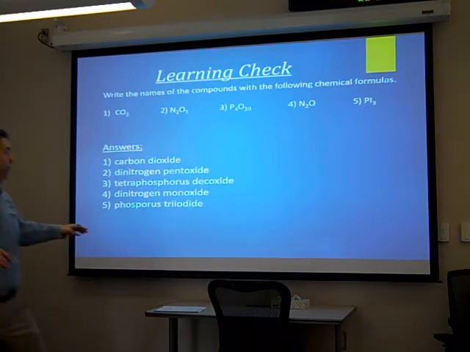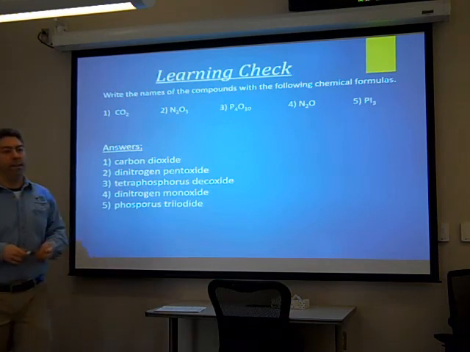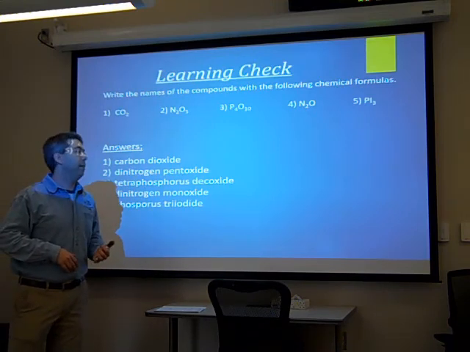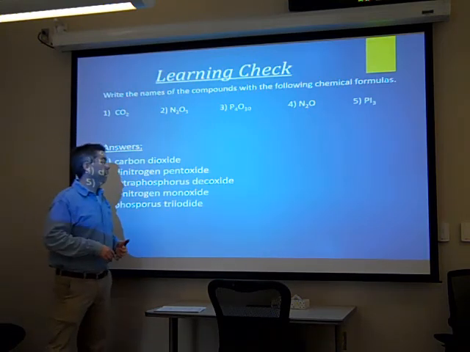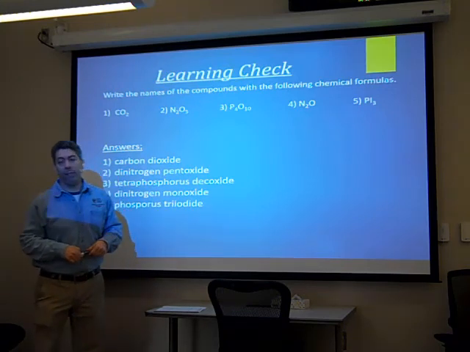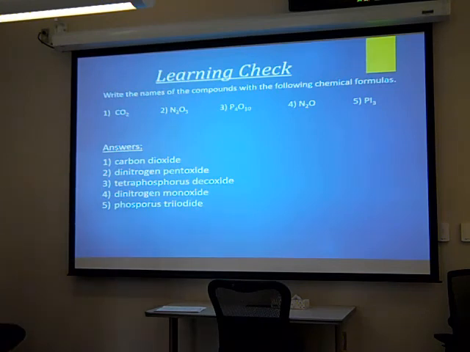You actually do two syllables, iodide. Otherwise it's normally like fluoride, bromide, phosphide, nitride. Iodide is one that has two, and selenide is one that has two. But other than those two, typically you just take the first syllable and add IDE.